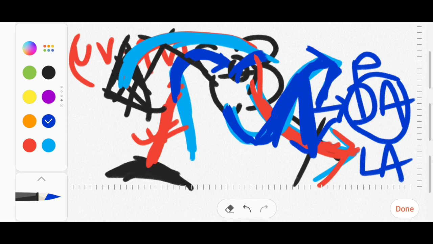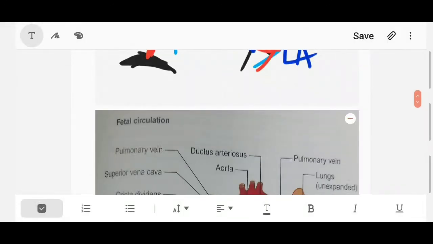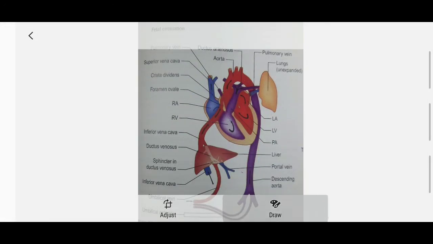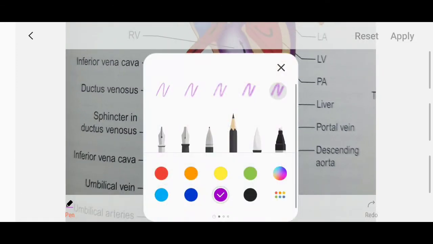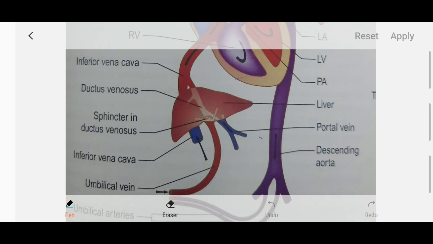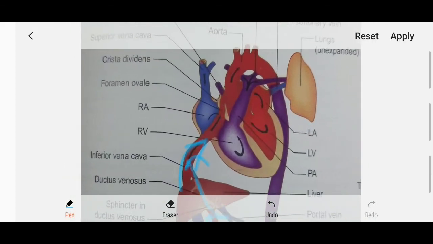Now we will go back to the picture. But see, I have said it all. Like this is the umbilical vein, and this is the IVC. The blood is mixed here and comes into the right atrium.